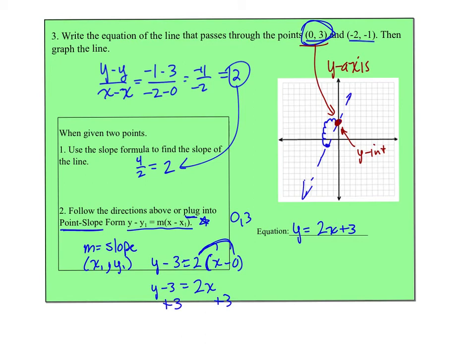So I need to use point-slope form to help me maneuver to slope-intercept. And if I wanted to just write it in point-slope form, I could have done that. I could have left it like this. That would be point-slope form, and that would be fine.